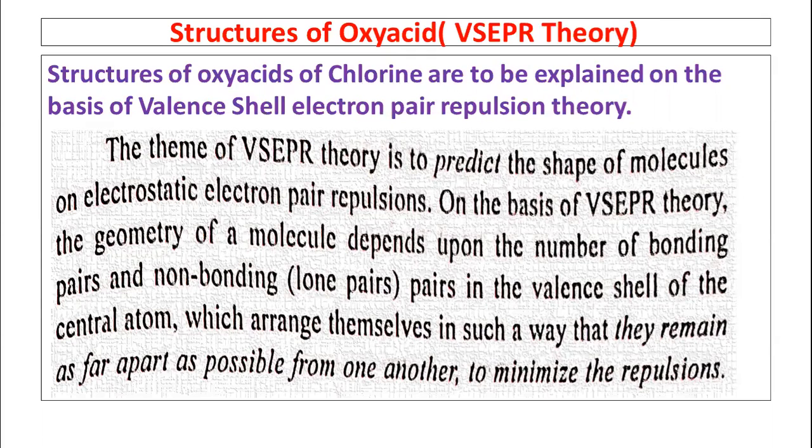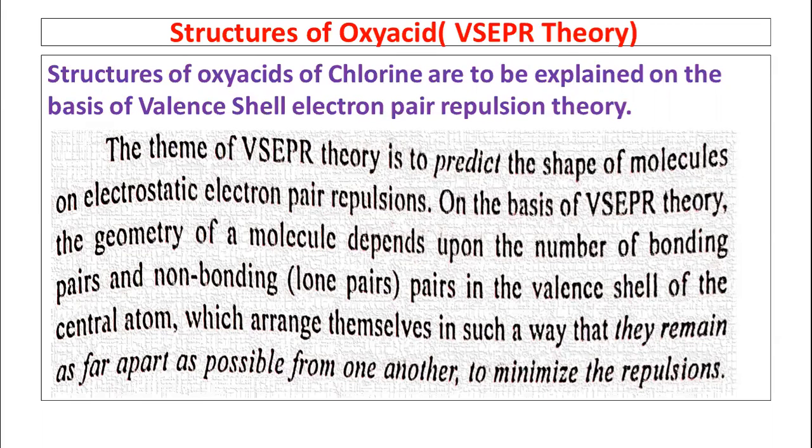So according to the VSEPR theory, the lone pairs and bond pair electrons in the molecule are arranged in such a way that they remain as far apart as possible from one another to minimize the repulsion. So the exact location and exact presentation of the lone pair electrons is important in that molecule.